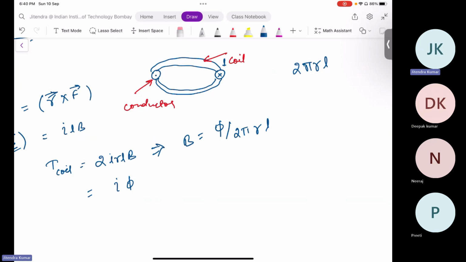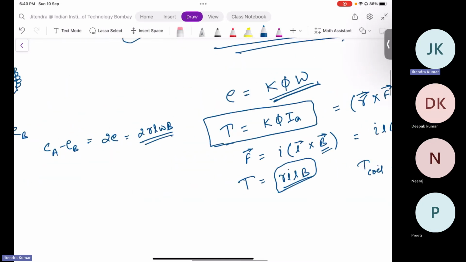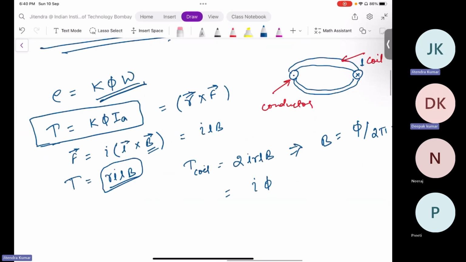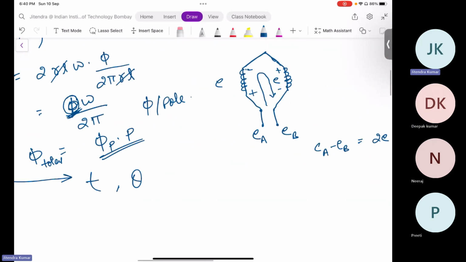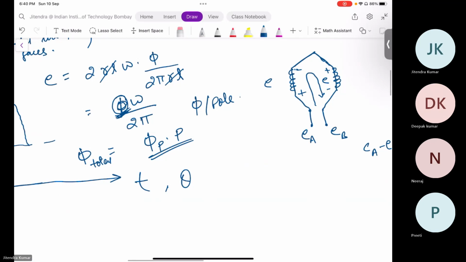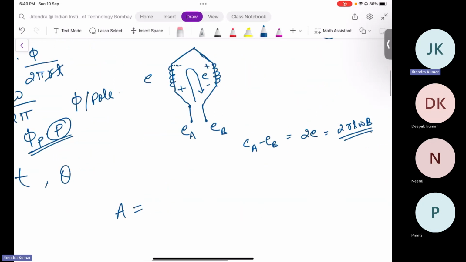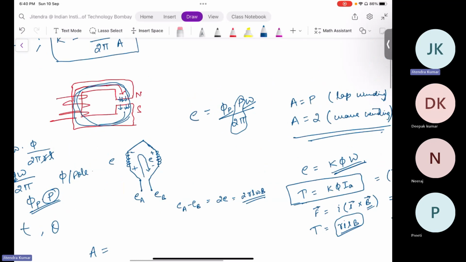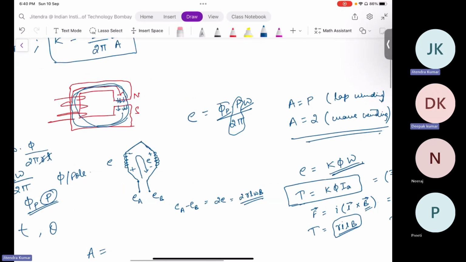Just like in the expression of induced EMF, what I told you is that phi total is phi p into 4, and phi p will come with the help of 2 pi RL divided by p. So whatever area you use in the final expression to compute this phi p, because in the final expression you have phi p, you do not have total flux.